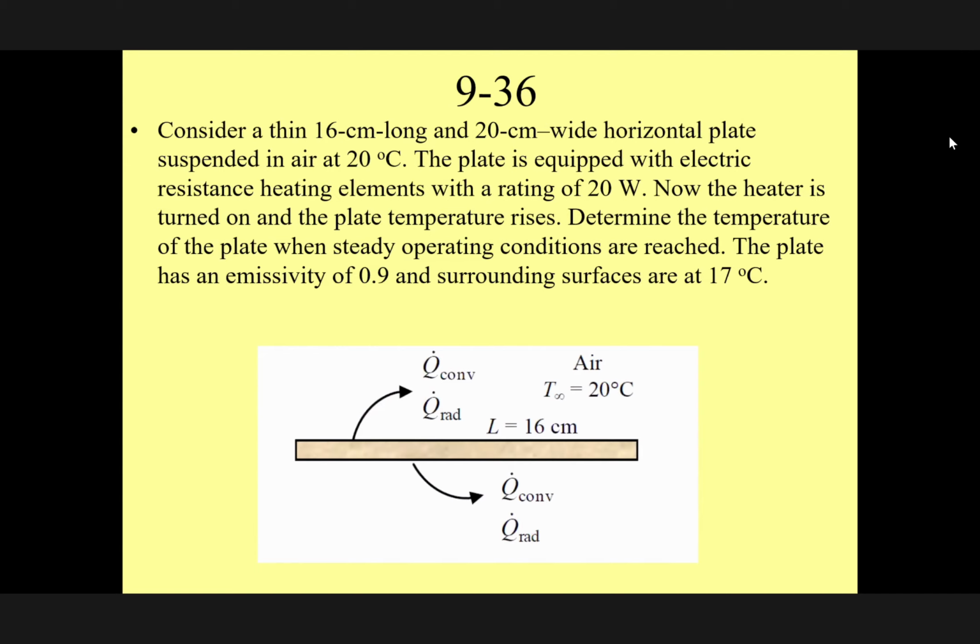I do not know what is the convective heat transfer coefficient. And losing from the bottom by convection and radiation. Radiation is, again, here is the temperature of the plate, and we have the temperature of surrounding. Okay, write down the equation, please.